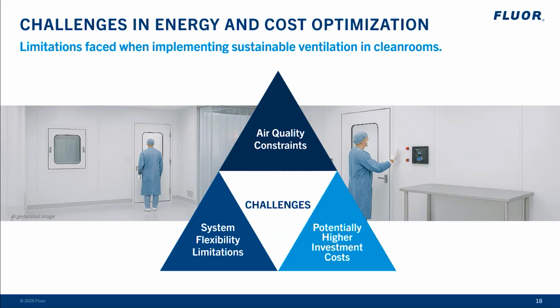Finally, investment cost. Implementing energy-efficient solutions requires advanced sensors, automation systems, and additional ventilation processes. These upgrades involve significant capital expenditure, and without a clear return on investment, it can be difficult to justify this cost to stakeholders.